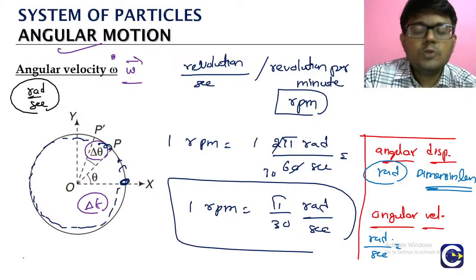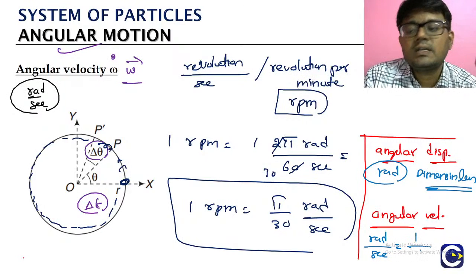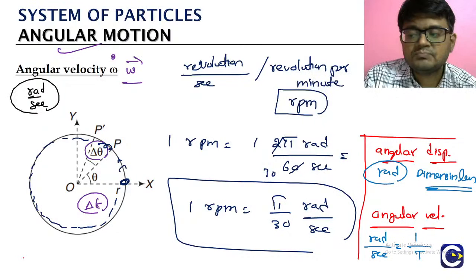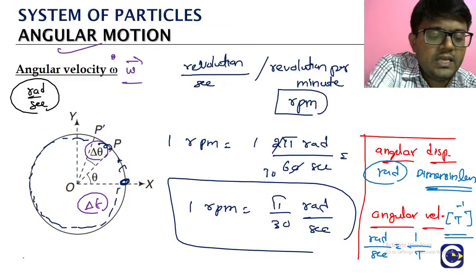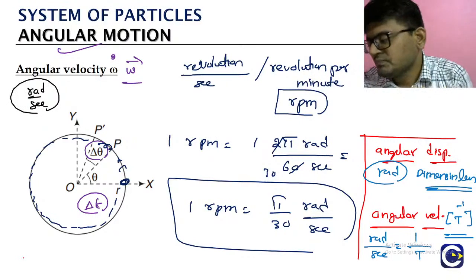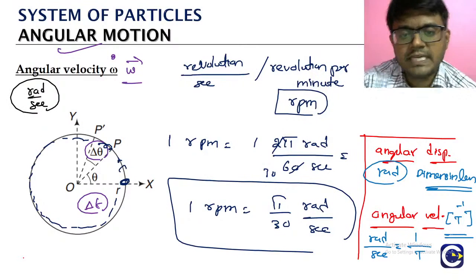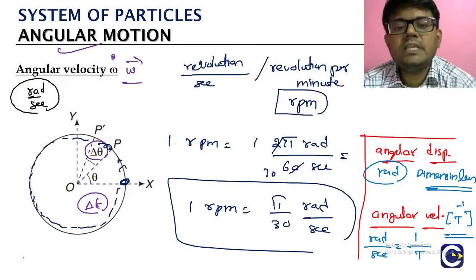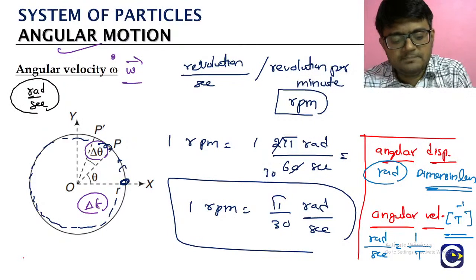The numerator, radians, has no dimension, so 1. The denominator, second, is time, which is capital T. So the dimensional formula for the angular velocity is T power minus 1. This is about the angular displacement and angular velocity.